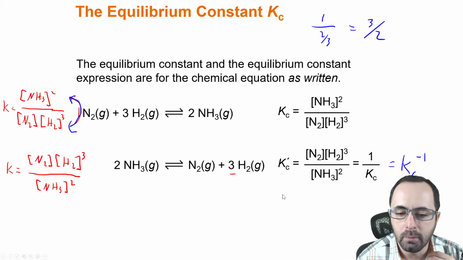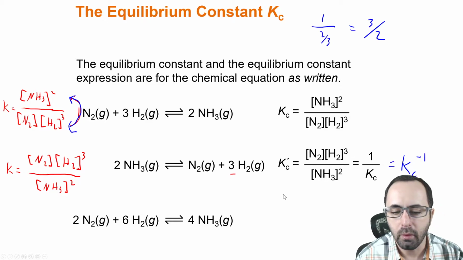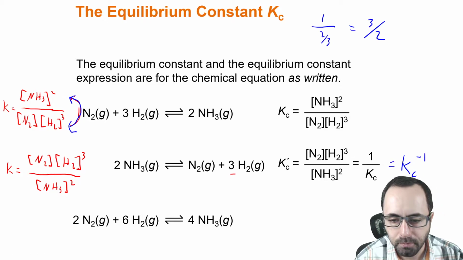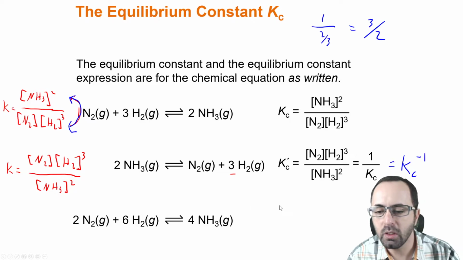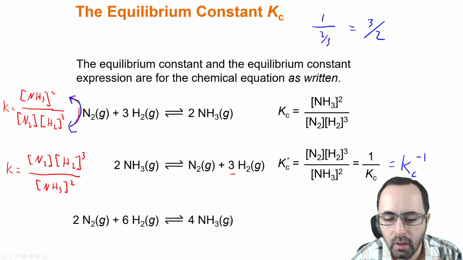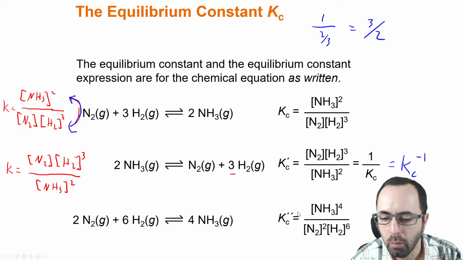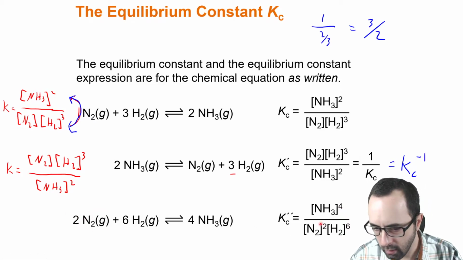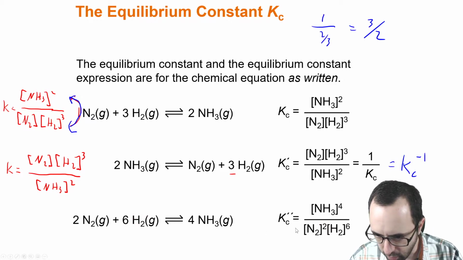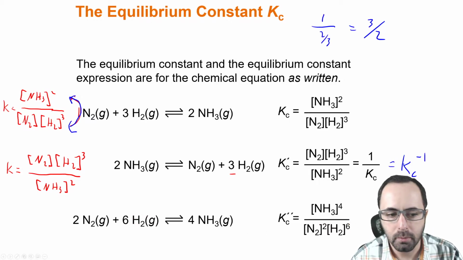Now finally, what if you multiply the reaction by a whole number? So I'm just going to point out the written K here. So here we're going to have the products on the top. So the product is the ammonia to the 4th power here, reactant on the bottom, nitrogen squared, and divided by the concentration of hydrogen to the 6th power.